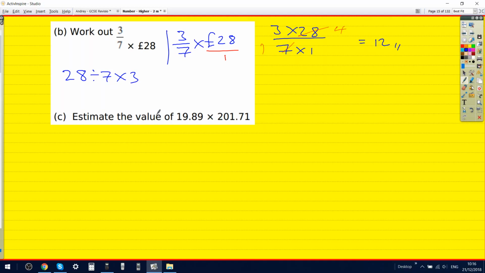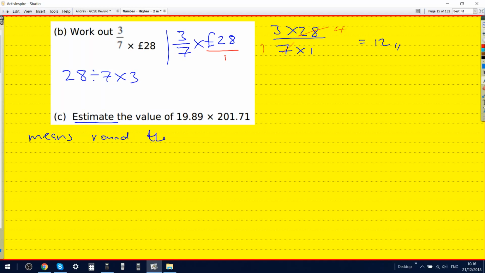Part C. Like, will I just be allowed to use a calculator in the exam? Estimate. Oh, right. So would that be like 19? No, 19.9.